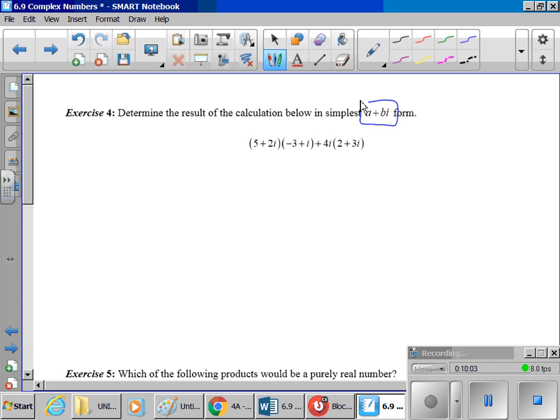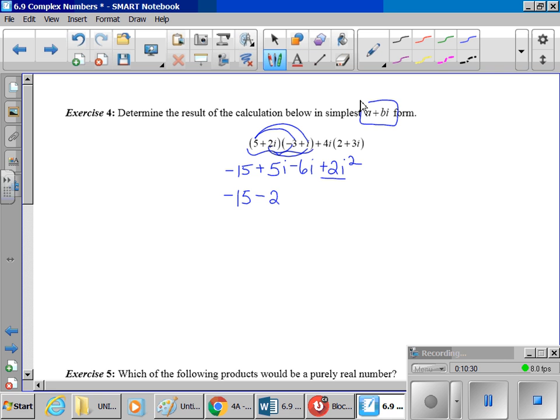Let's do our multiplying of our first part right here. So this becomes negative 15 plus 5i minus 6i plus 2i squared. So this becomes negative 15 minus 2, right?